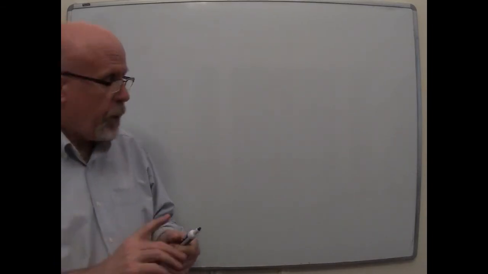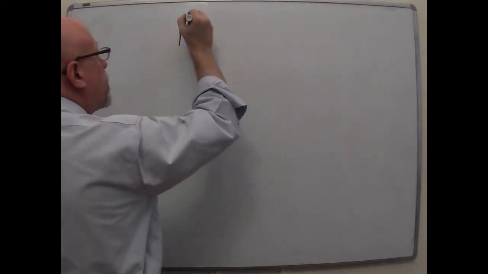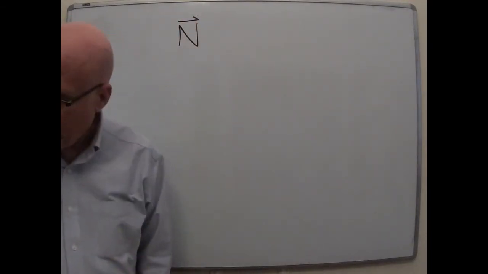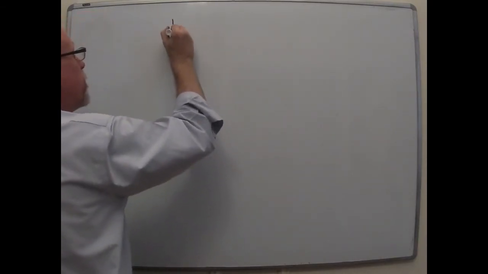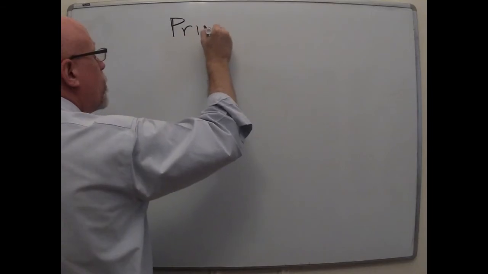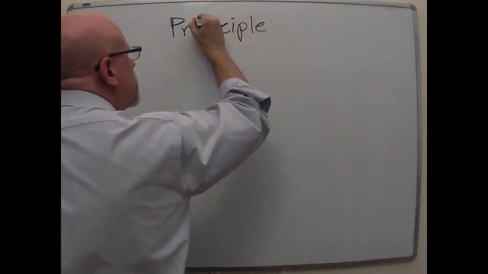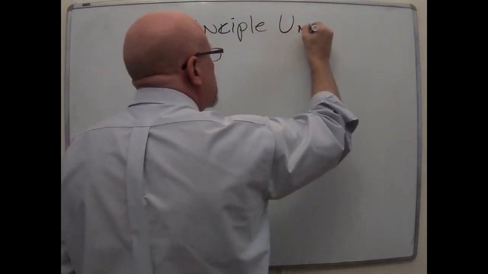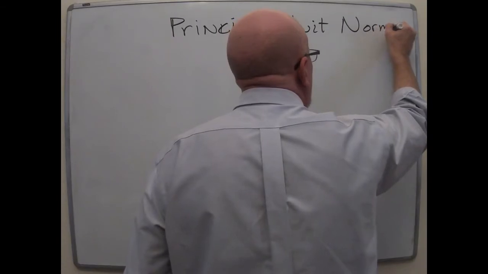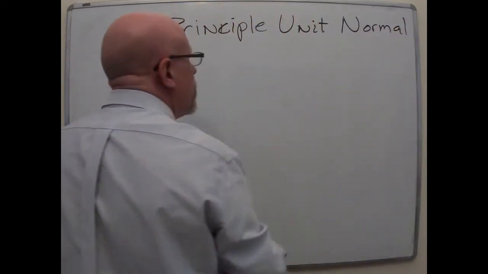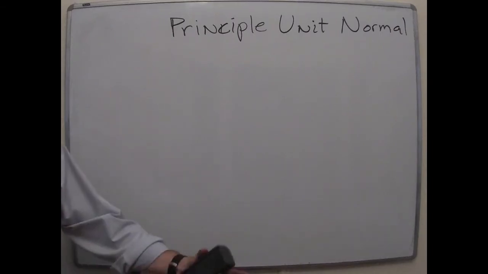All right, so the definition of the normal vector, sorry, probably should have headed this up with the name of the thing. They call it the principal unit normal. Don't know why principal, but for some reason that word is used with the unit normal vector and not with the tangent vector.